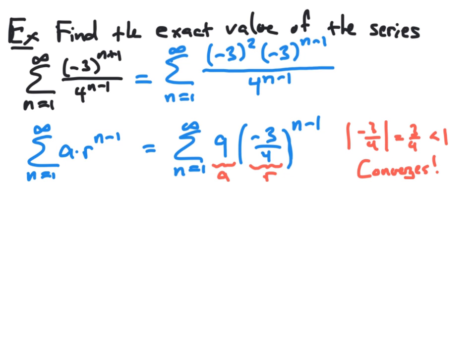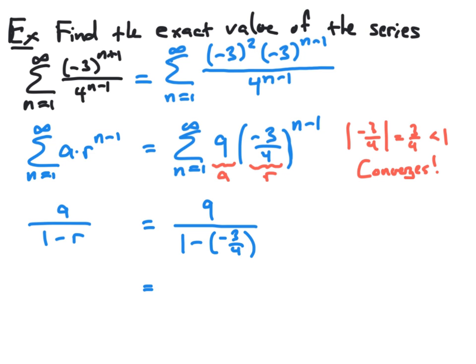In this case, we know that the sum is given by the formula a over 1 minus r. And so for this particular series, we can substitute these values in. So a is the number 9, our initial term, and r will be negative 3/4. So we'll have a denominator of 1 minus negative 3/4.